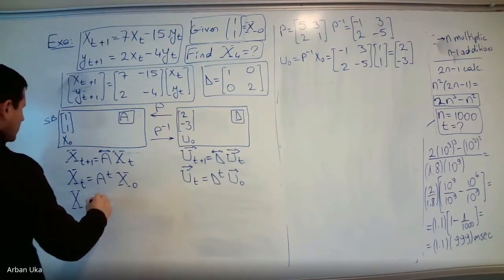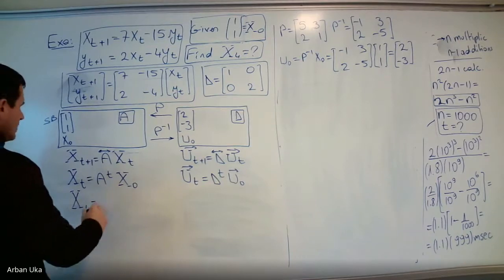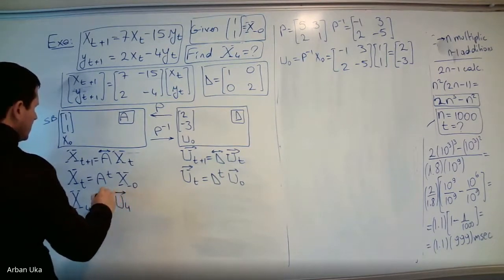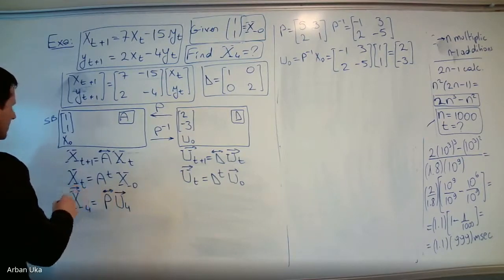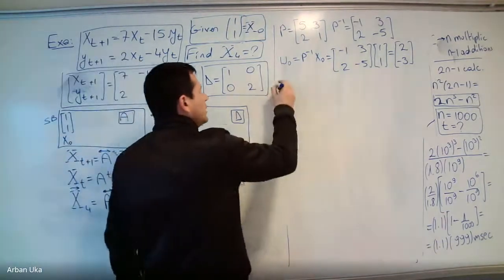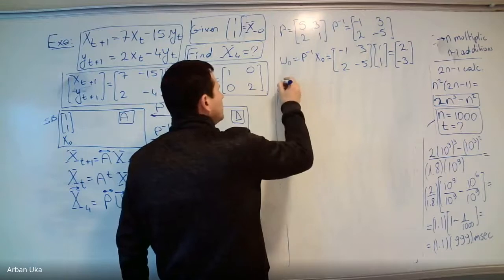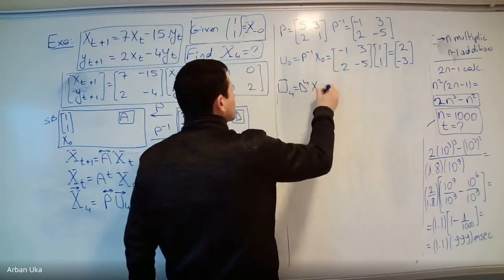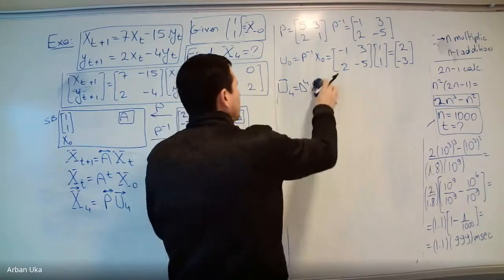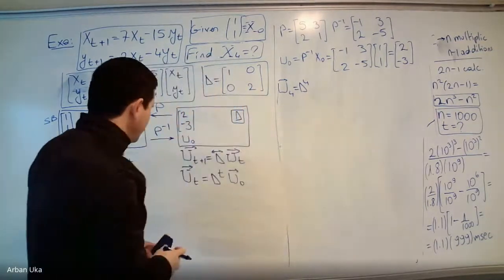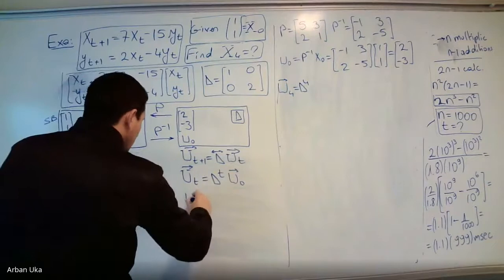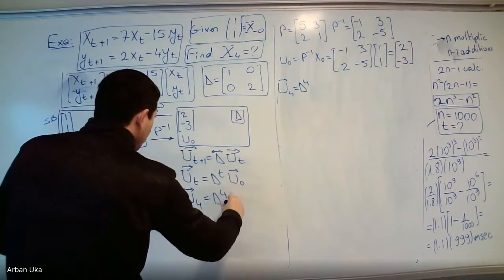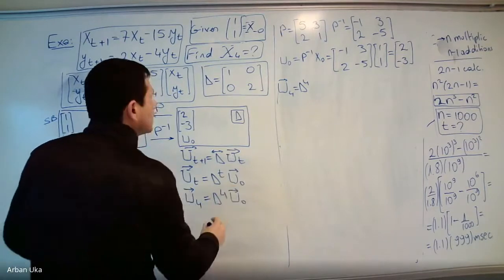But x4, we can always find it as matrix P times U4. Now, can we find U4? We should be able to find U4 because this will be equal to D to the power 4 times U0. So let's write it here. We can say that U4 as a vector will be D to the power 4 times U0.